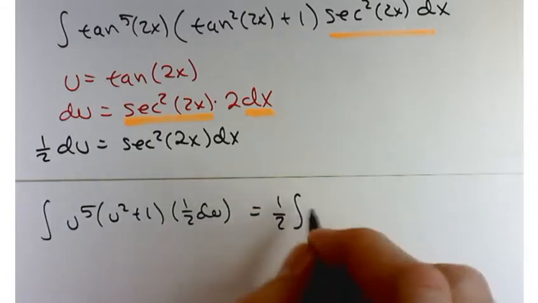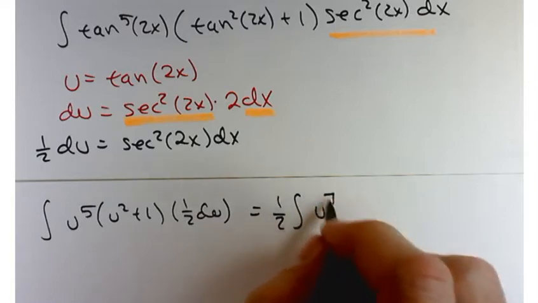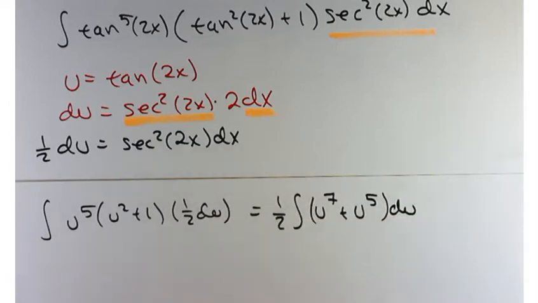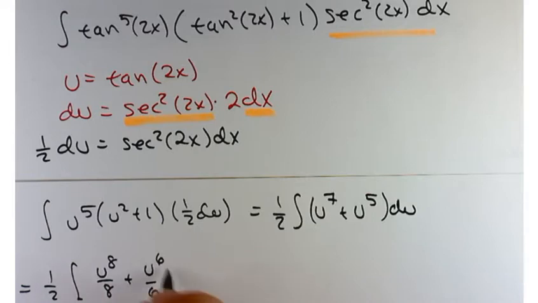I'll bring the 1/2 out in front and distribute. I'll get u to the 7th plus u to the 5th du, or 1/2 u to the 8th over 8 plus u to the 6 over 6 plus our constant.